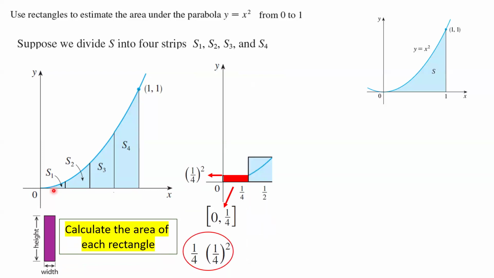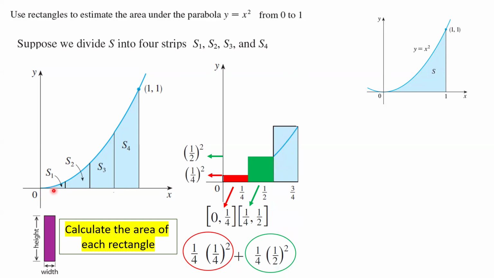Now, if we form another rectangle on the subinterval 1/4 to 1/2, the height of this rectangle is 1/2 to the second power. So this little area is 1/4 times 1/2 squared.